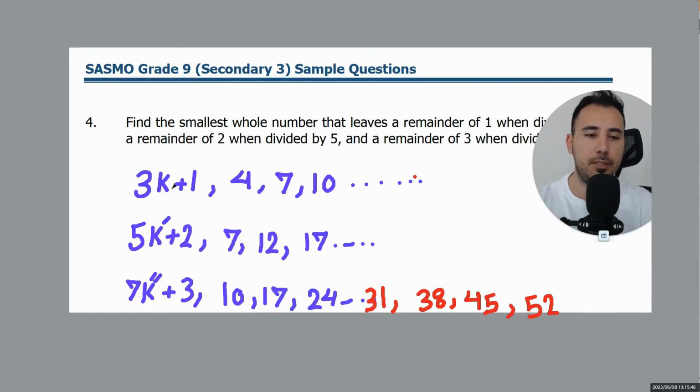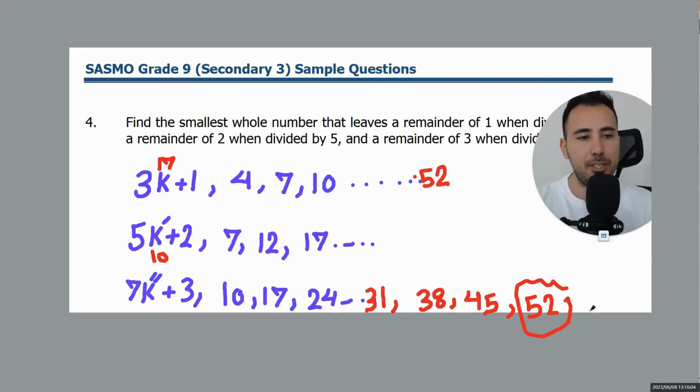And it works with this one too, right? You could try it. So 52 is the right answer. If k prime is 10, then it will become 52. For this one, if k is 17, it will become 52 again. So 52 is the right answer.